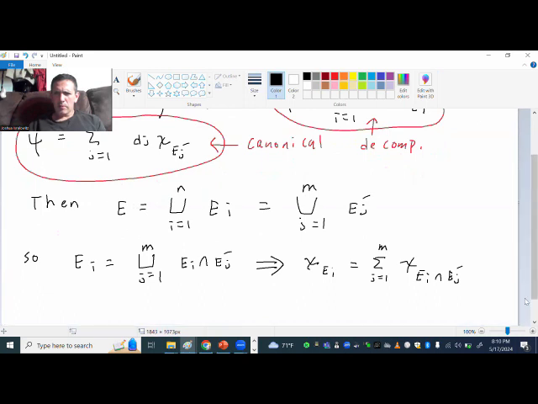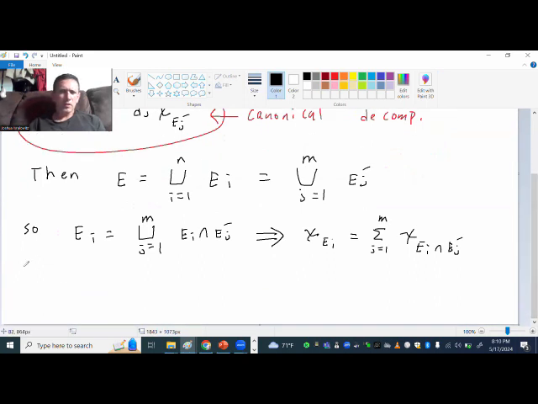All right, and the same thing for the E_J's. For each J, I can write this. You might be able to see where this is going. It's really the same thing, except, sorry, for each E_J prime, except I'm summing over I, here I'm summing over J. Okay.